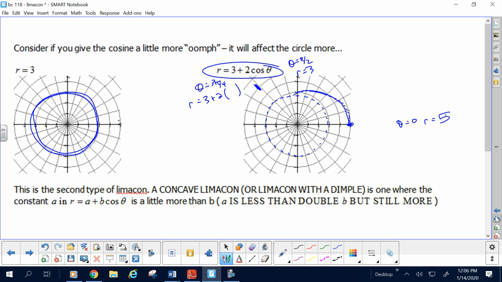Negative or positive root 2 over 2? Negative root 2 over 2. Right? Yeah. So this is 3 minus root 2. Anybody know what root 2 is about? 1.4. It's about 1.4. So this is about 1.6. So when you point at 3 pi over 4, you would go forward 1.6-ish.